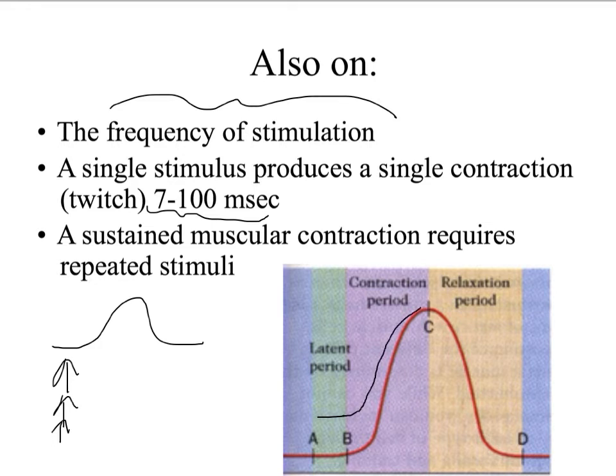This is where your myosin heads are flexing. That's your power stroke. And then you've got the relaxation period. Now you've got the breaking of the cross bridges, and you've got the muscle returning to the original resting length. So it's important to recognize this is a single twitch because of some definitions I'm going to be giving you on the next few slides.